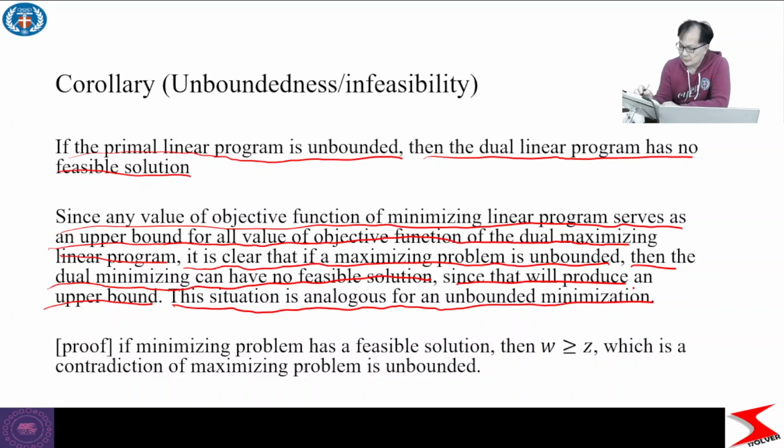So we say that W is less than Z, right? If the primal is unbounded, then W cannot exist, because it should be the upper bound, but actually Z is unbounded.